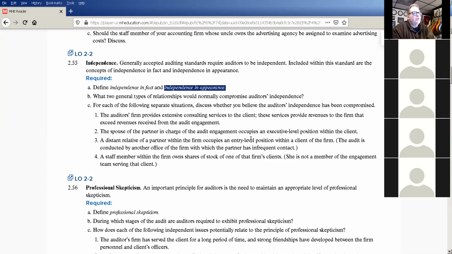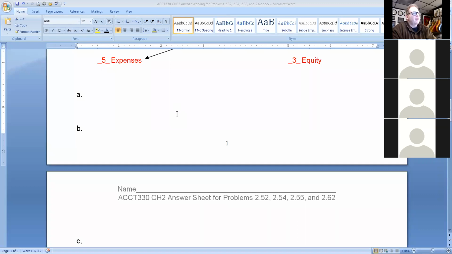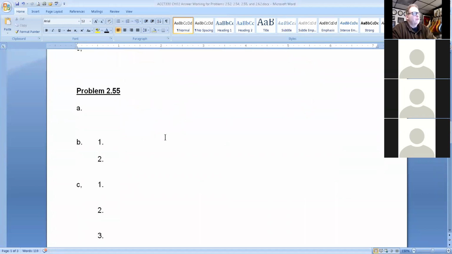Okay, number 2, which of the 2 general types of relationships normally compromise independence? All right, let me go back to the... I'm going to write those.